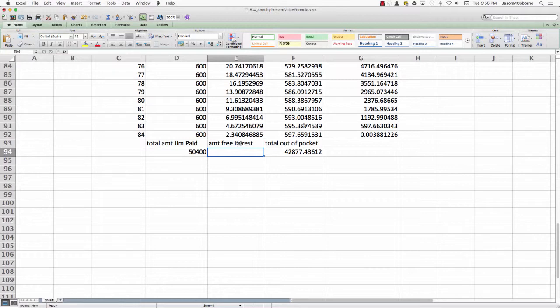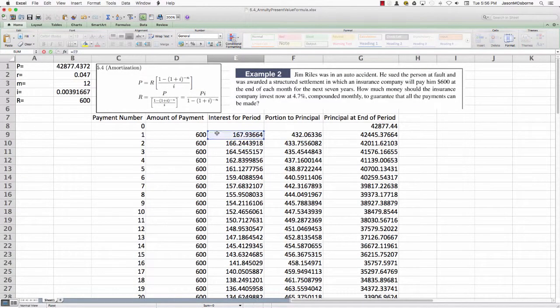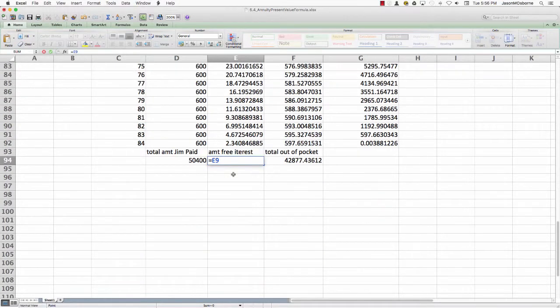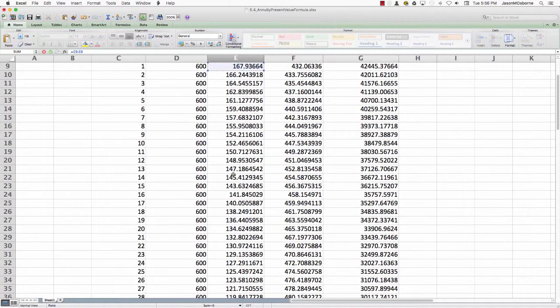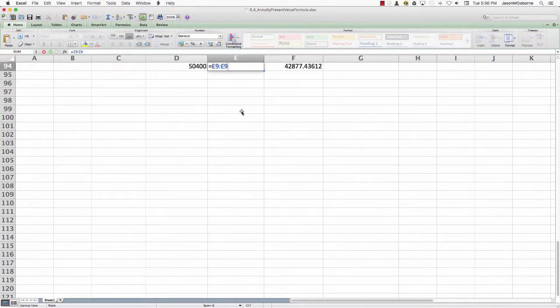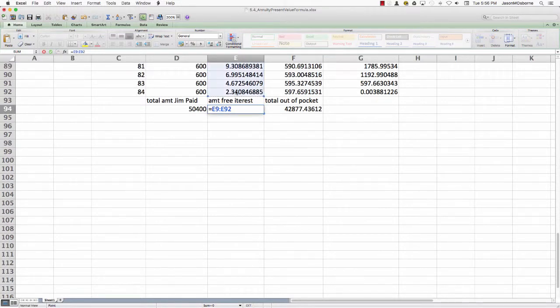Okay, because they thought ahead and set up this account, they got this dollar amount to this dollar amount in interest, and we should put a sum in front of that. And so this plus this should equal the 50,400.